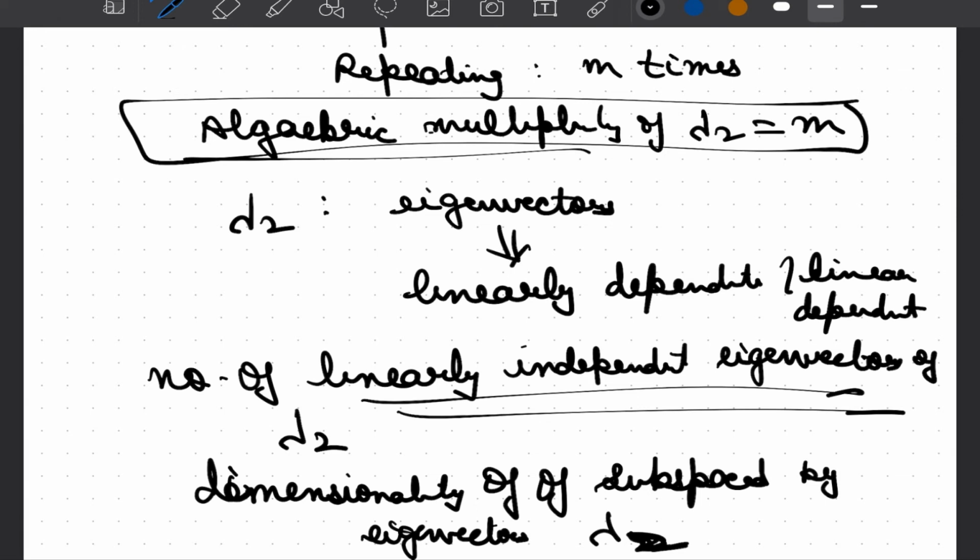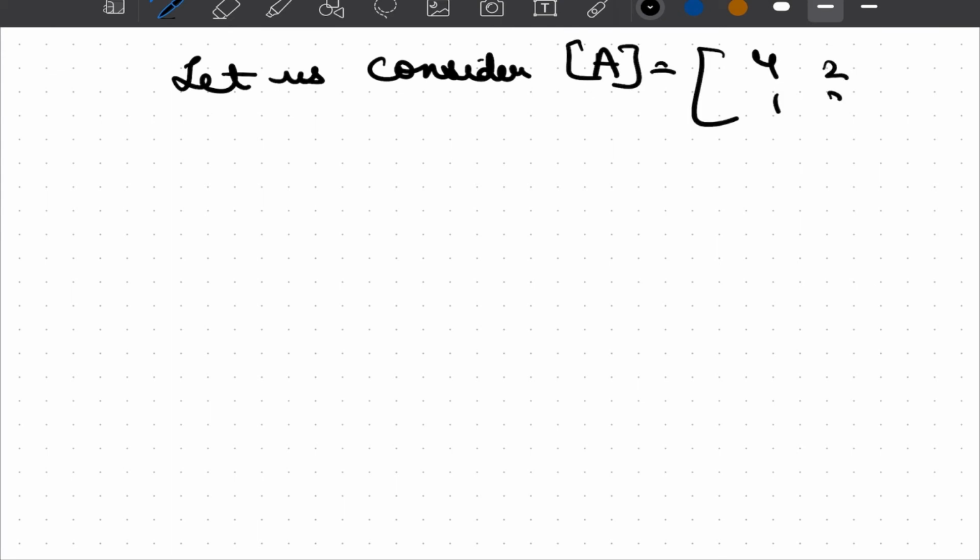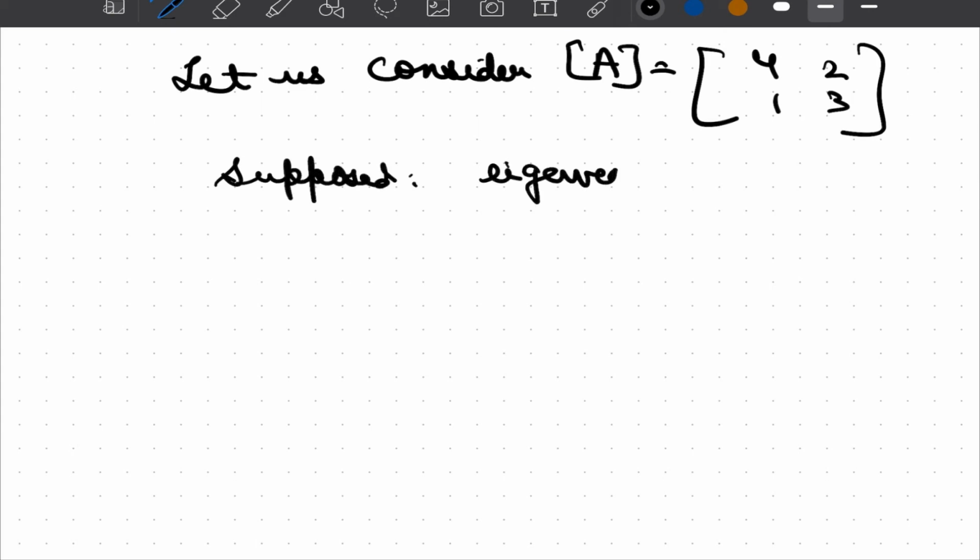So to understand these concepts, let us look at one simple example and try to put all the concepts that we have been talking about to use. So let us consider a matrix A represented by 4, 1, 2, 3, and we are supposed to find its eigenvalues, eigenvectors.